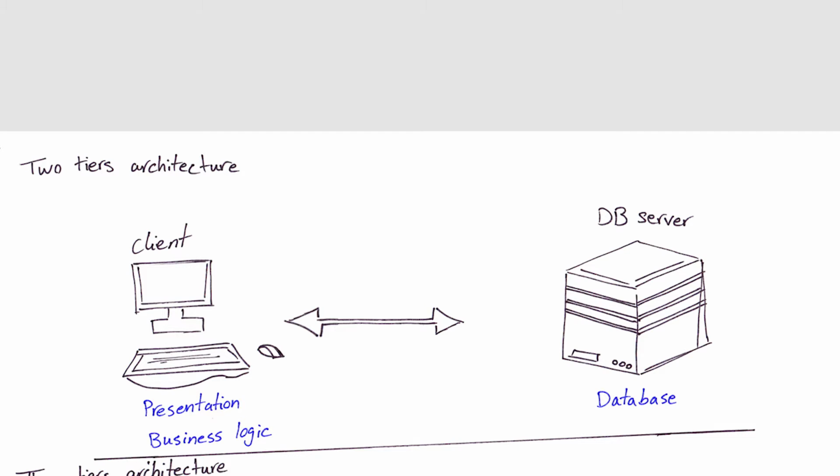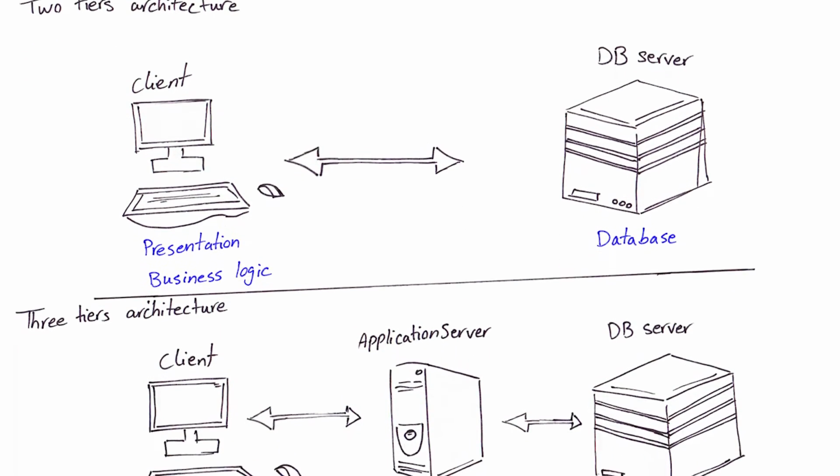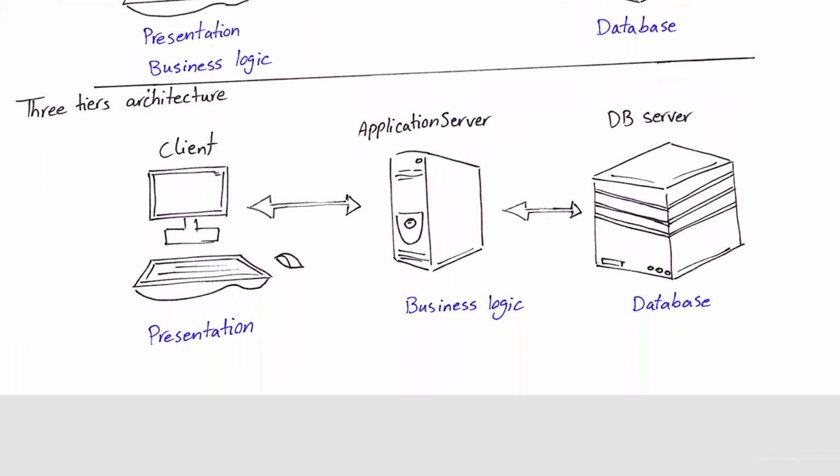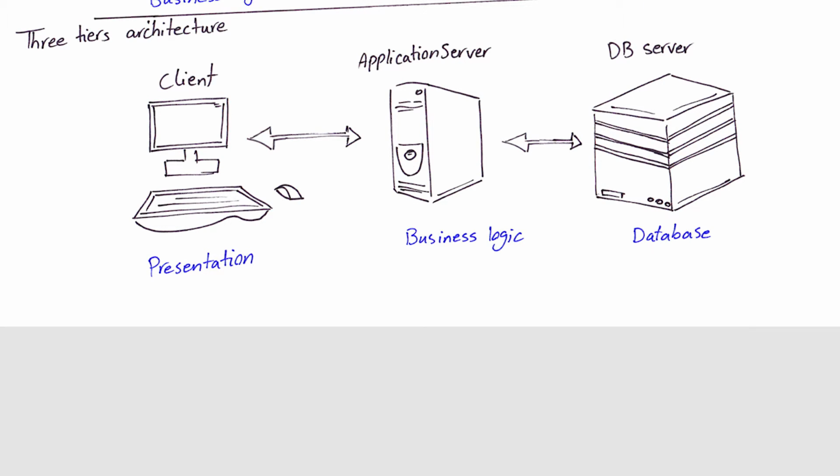In two-tier architecture, the presentation layer and the business logic are on the client side, while the database is on the database server. Three-tier architectures were developed in the late 90s as an alternative to two-tier architecture.